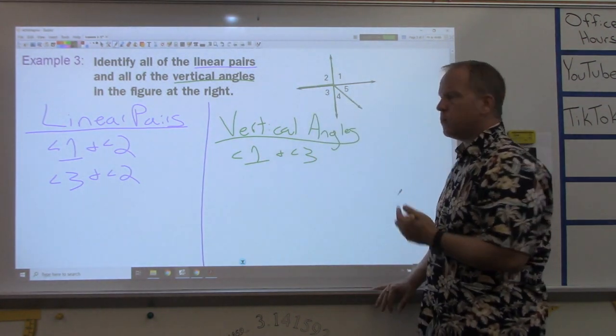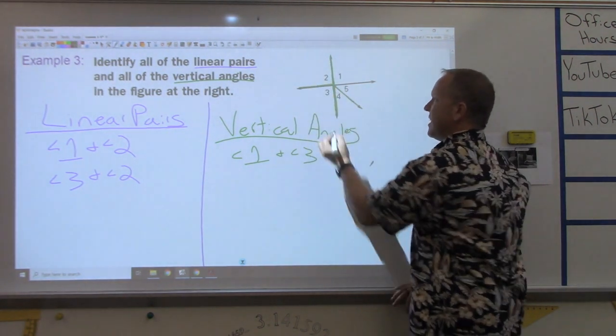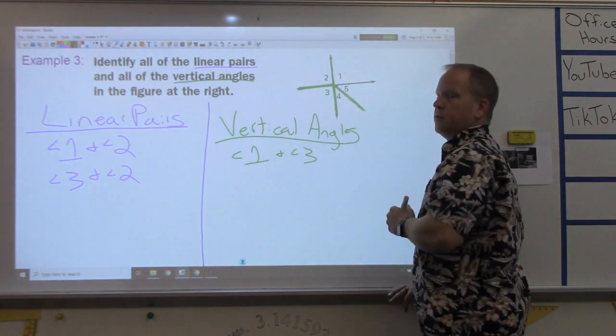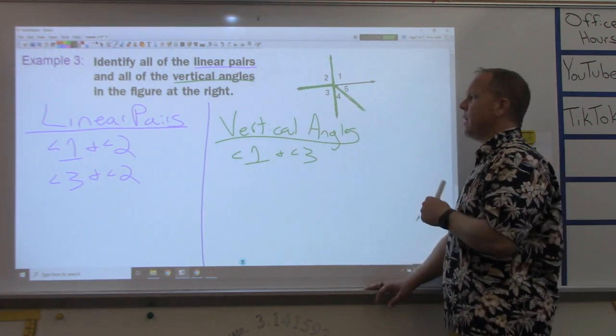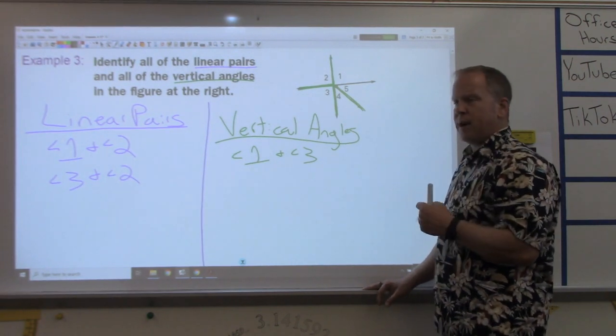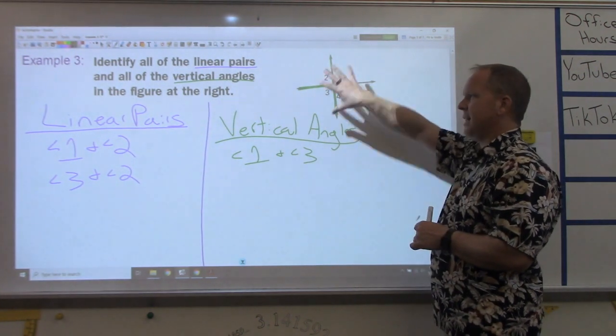See what happens when you trace angle 4? There's a straight line right here. Great. This, however, is not a line. So since that is not a line, angle 2 and angle 4 are not vertical angles. Same case, neither is angle 2 and angle 5. They are not vertical angles. There's only one pair of vertical angles in this given diagram.